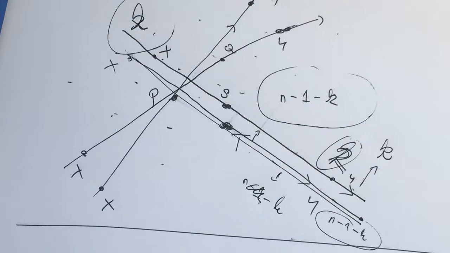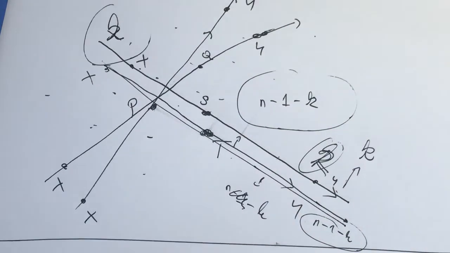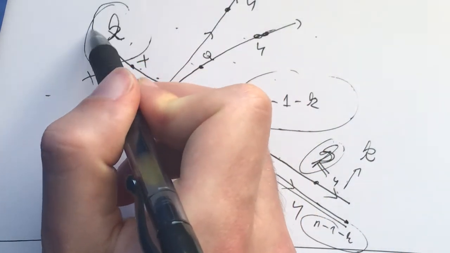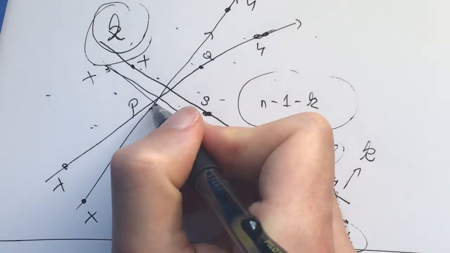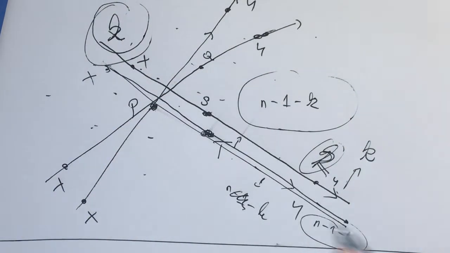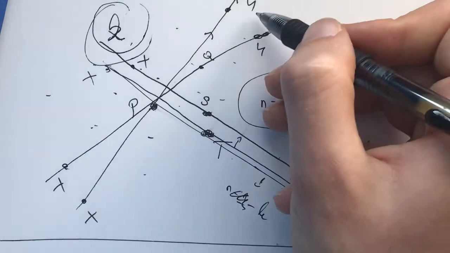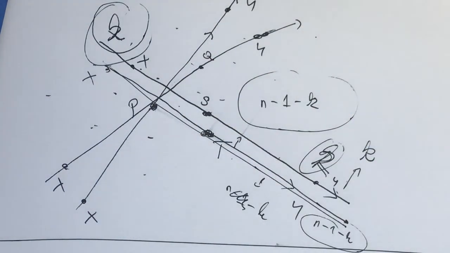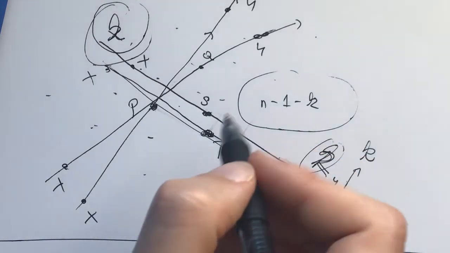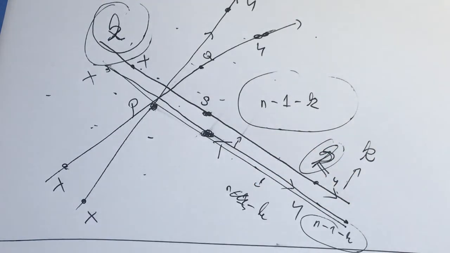So this means that if we have a point P, and we run the windmill such that the windmill xy has k points on the left side and n minus 1 minus k points on the right side, it will have to come to every point which has a line through it with k points on one side and n minus 1 minus k points on the other side.